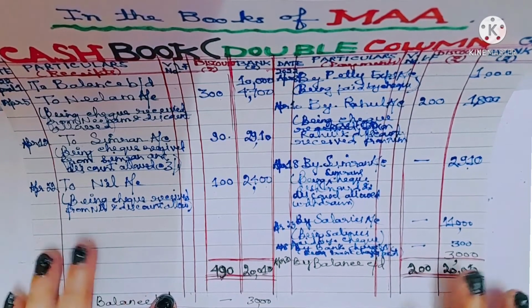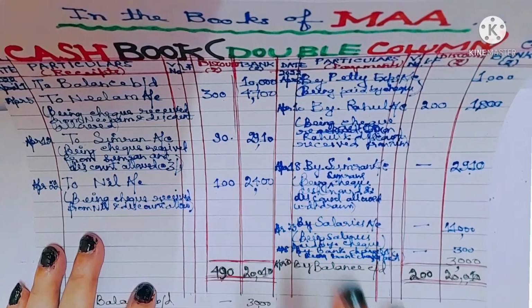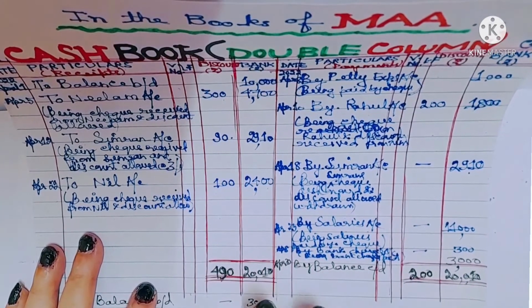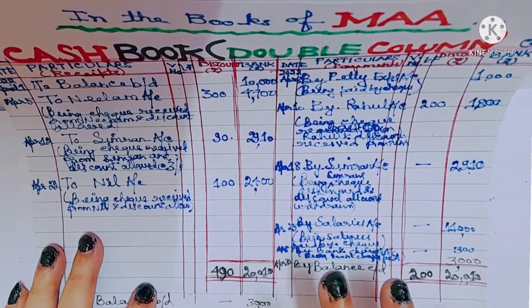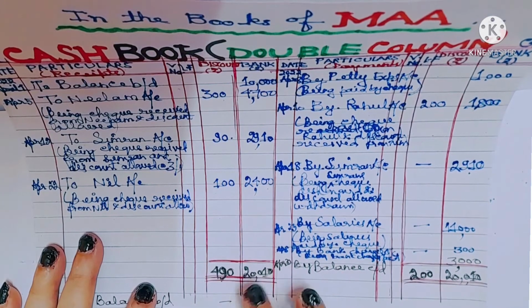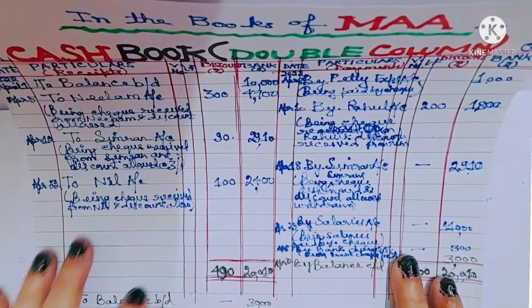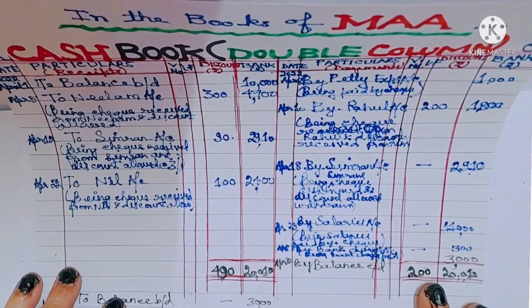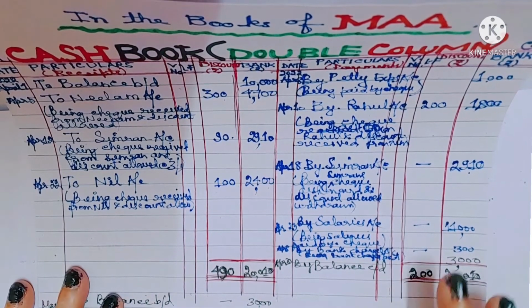Please remember, do not balance the discount column on the debit side and the discount column on the credit side. They are only totaled and not balanced. Because the discount columns are only memorandum columns and therefore they do not serve the purpose of discount allowed account or discount received account.